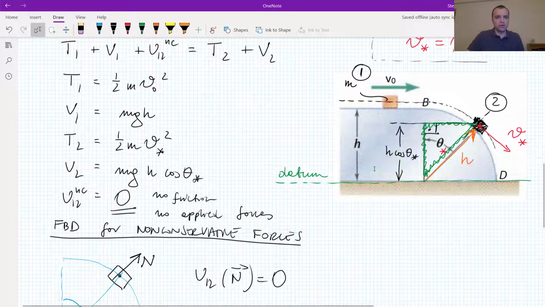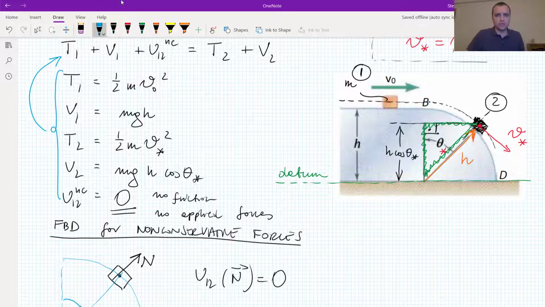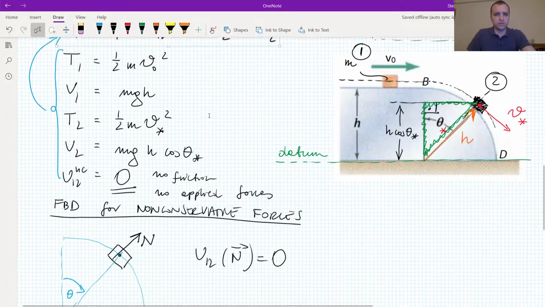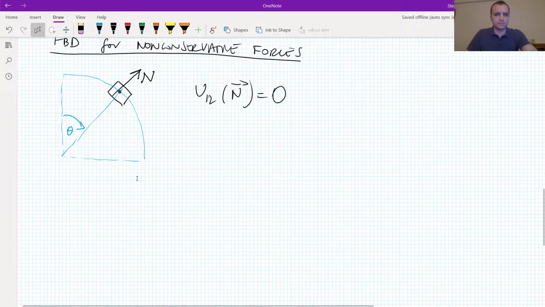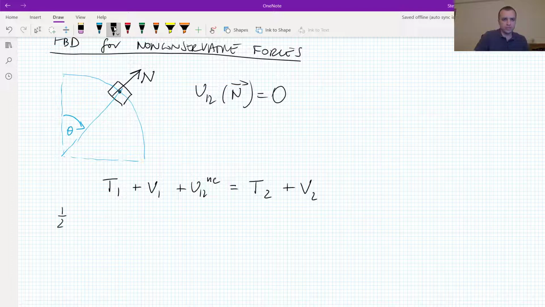So now we should plug these 5 expressions into our original equation. Let me do that for you. So basically I have to take this expression and represent it in such a way. T1 was 1/2 m v0 squared.